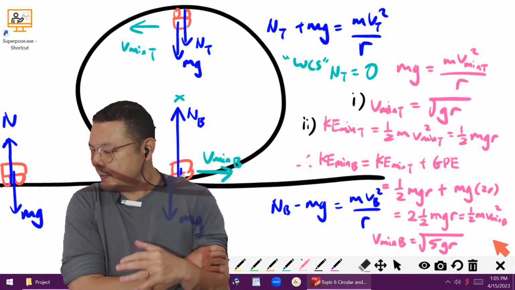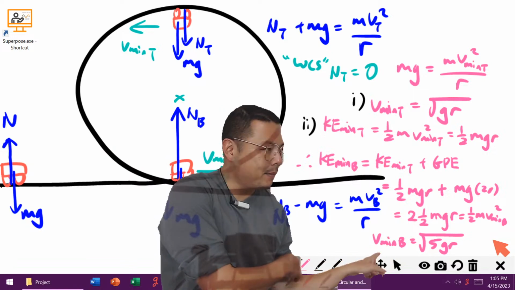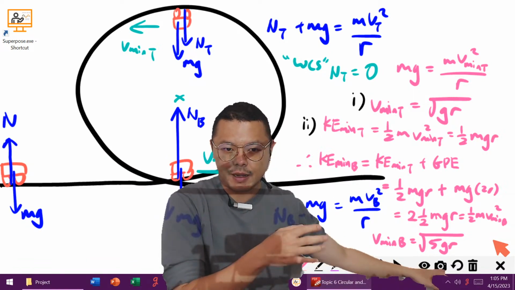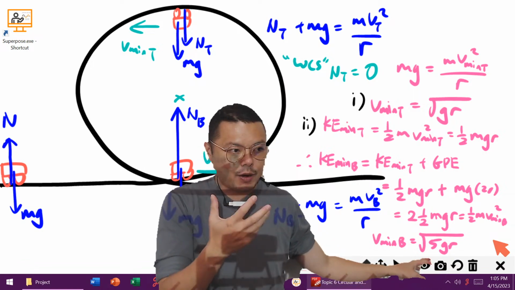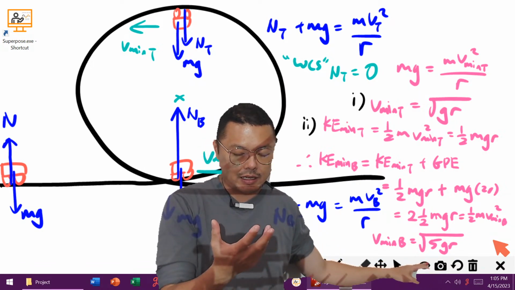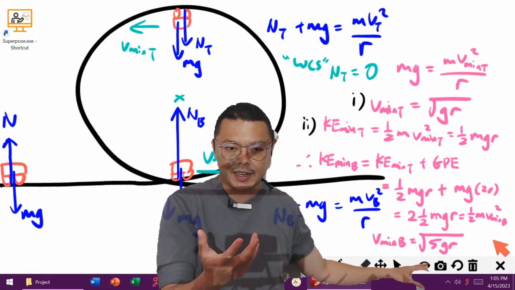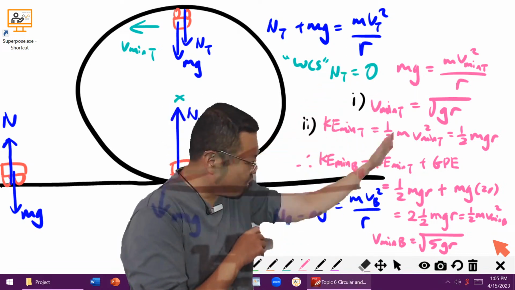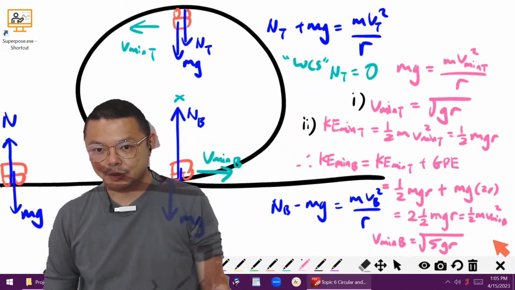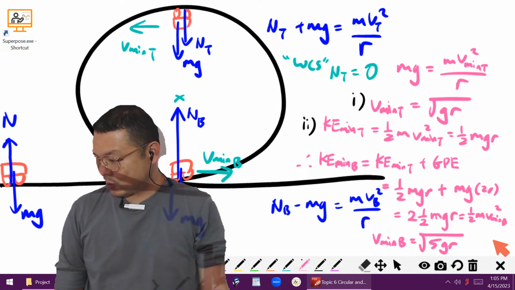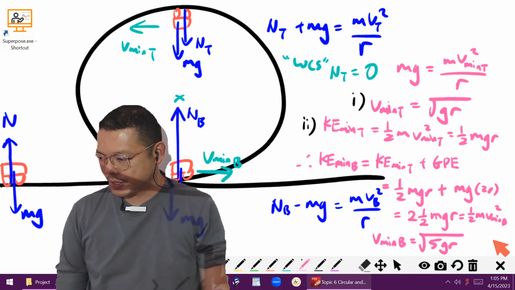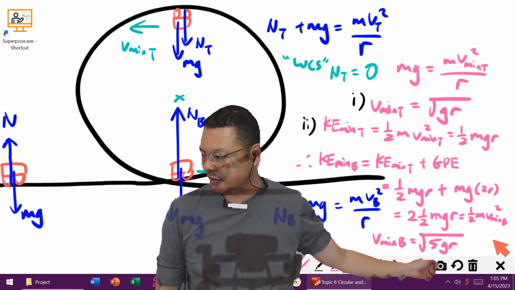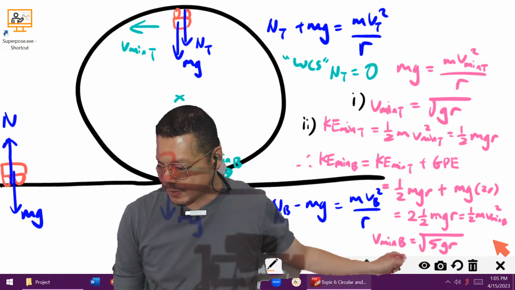Which means the numbers will be nice, because you're not allowed to use a calculator in Paper 1. But it somehow seems that students are expected to remember that minimum speed at the bottom is calculated as root 5gr. Otherwise, you have to do this whole thing, and I don't know how long you're going to take for that one MCQ. I have seen it once or twice before. I can go and show the picture, the question again, but yeah, it was quite surprising. And apparently, students need to know that root 5gr is the standard equation for minimum speed at the bottom.